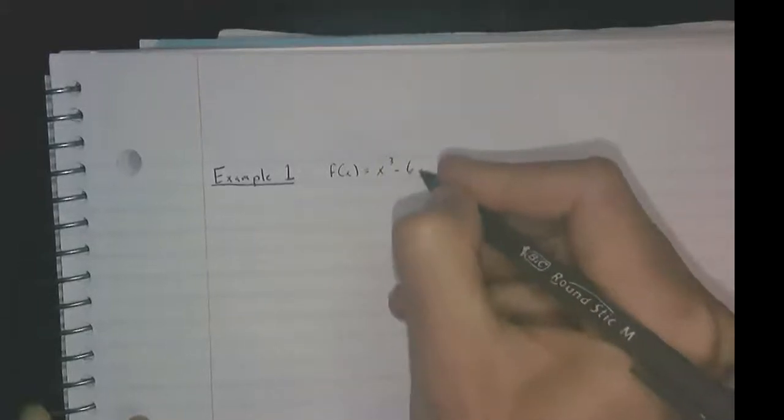So, example 1. We have f of x equal to x cubed minus 6x squared plus 9x plus 1.